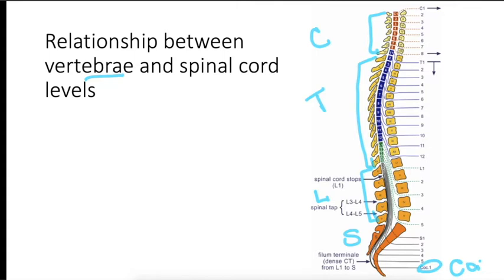So the spinal cord is also divided up into sections that pretty closely correspond to the vertebrae. You also have spinal cord levels and corresponding nerves that are numbered just like the vertebrae were. Okay, you had a C1 vertebra, which is the atlas.